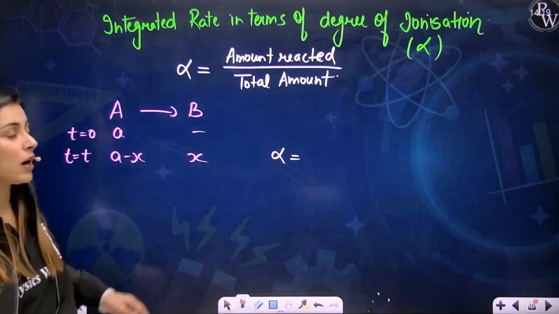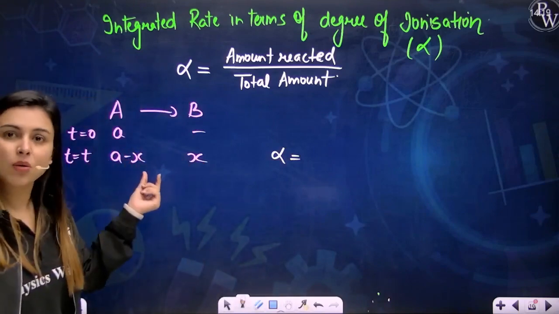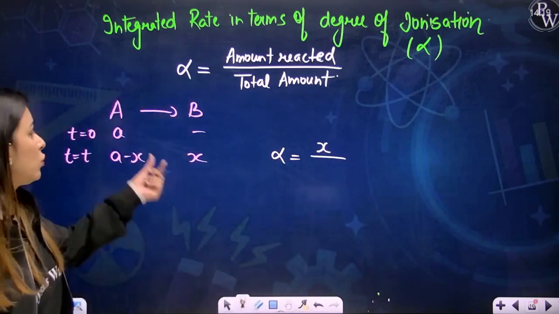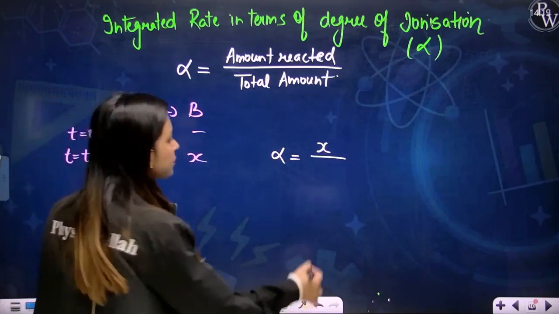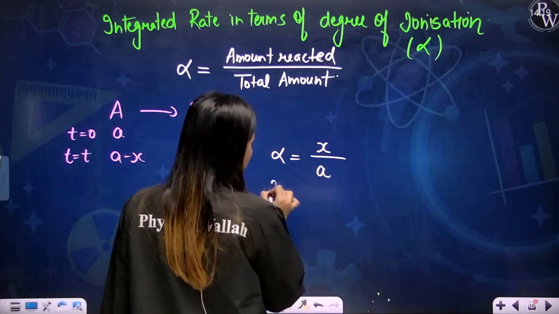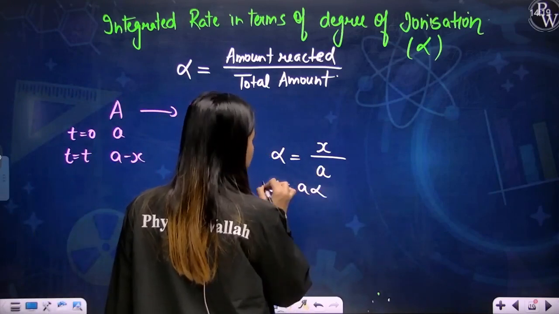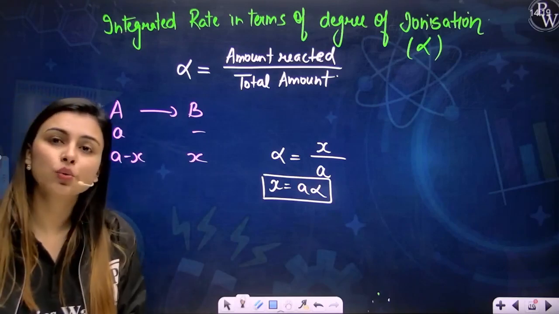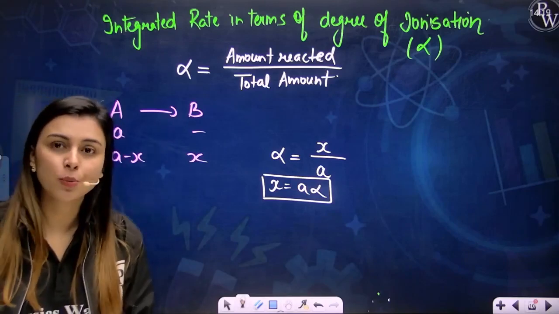X amount is reacted, and A was the total amount. So can I say that X is actually equal to A alpha? Yes, I hope you're clear with this.